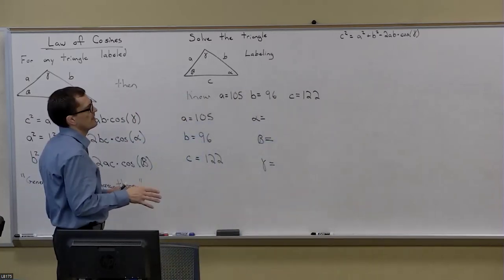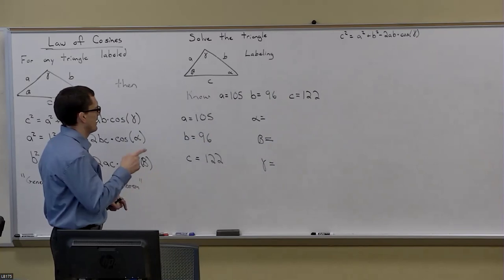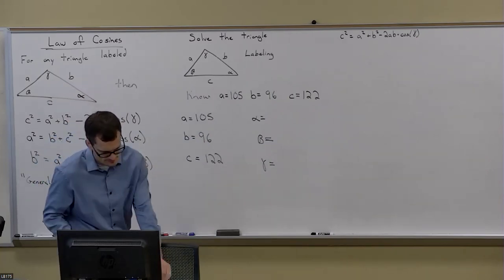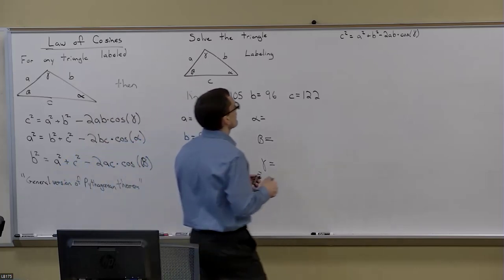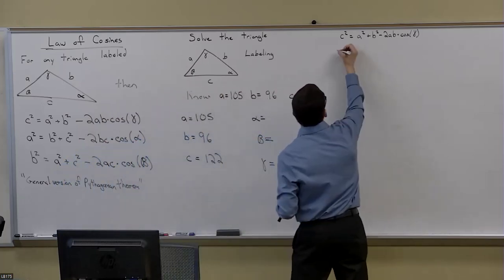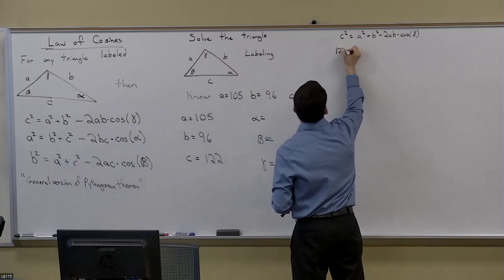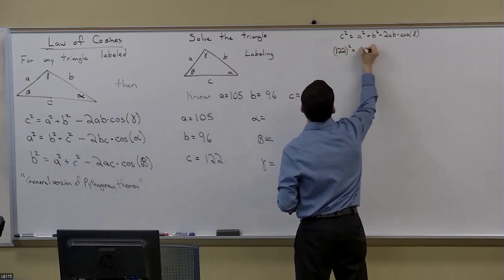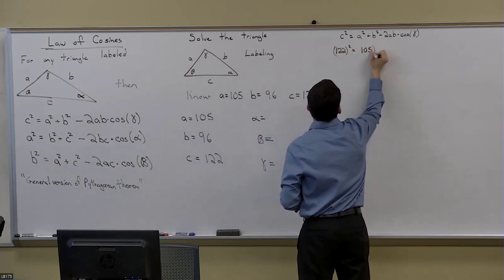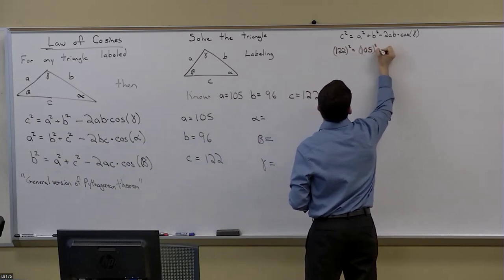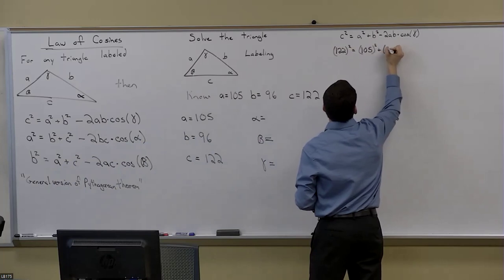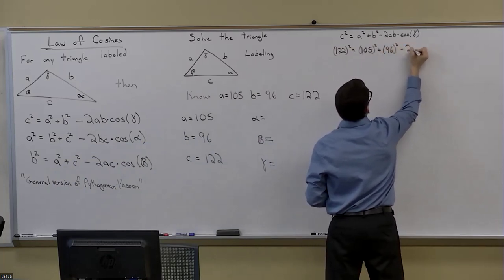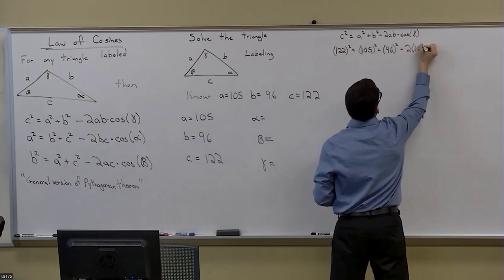And then I plug in my A, B, and C into this. So my C is 122. My A is 105. My B is 96. A again is 105.